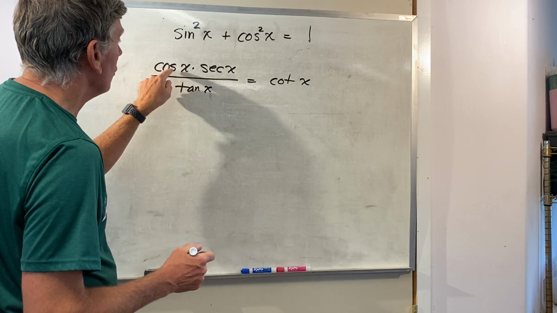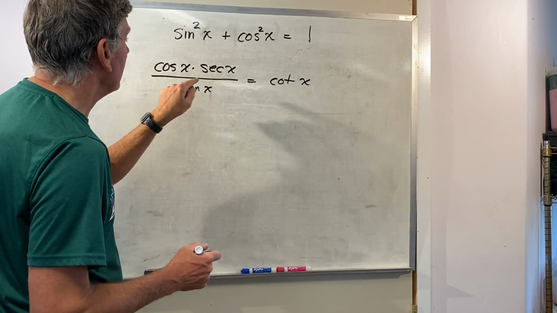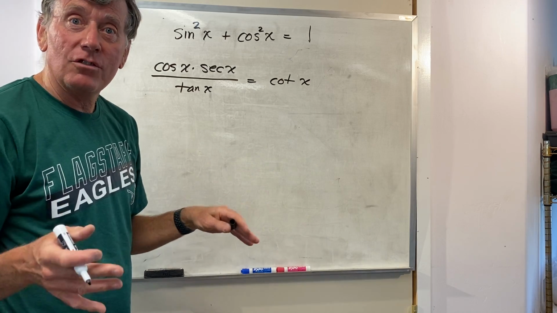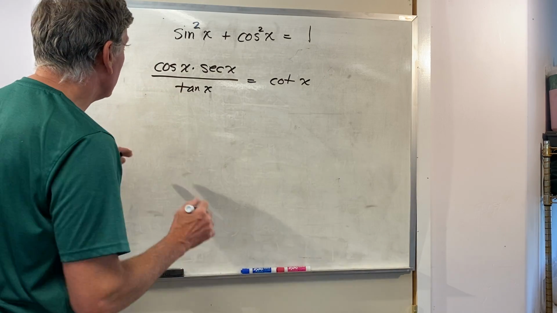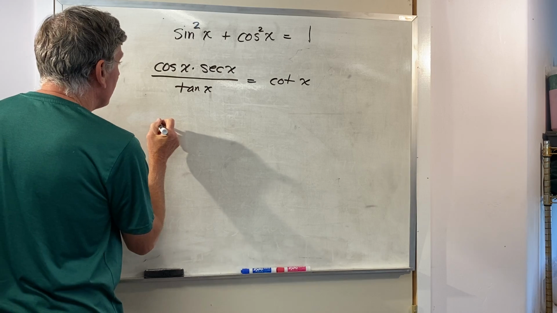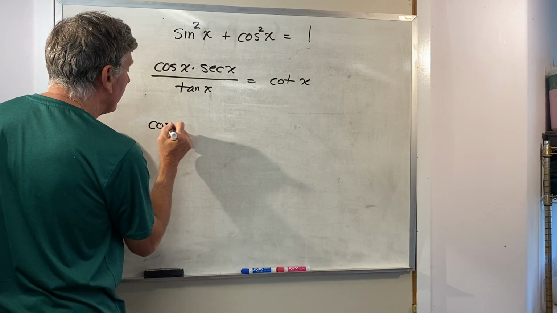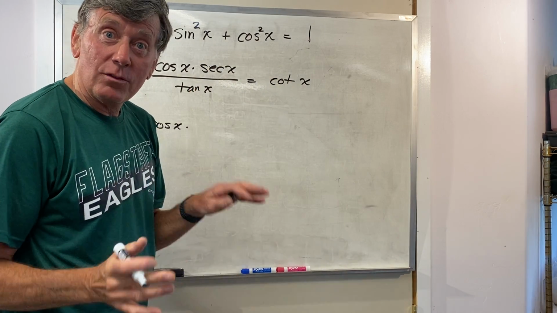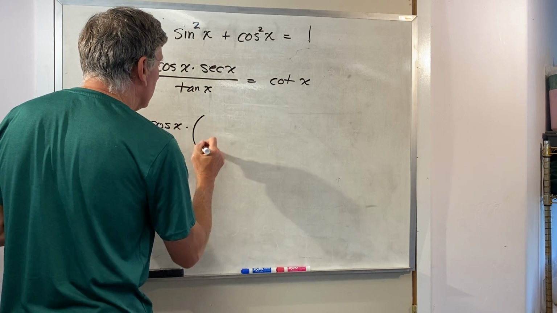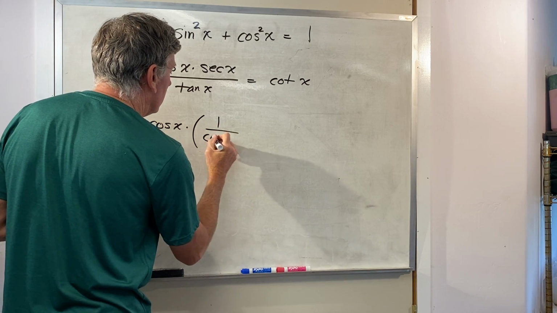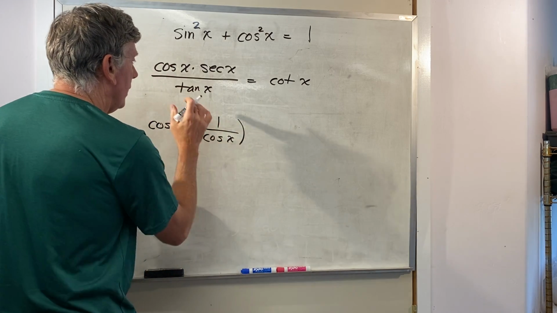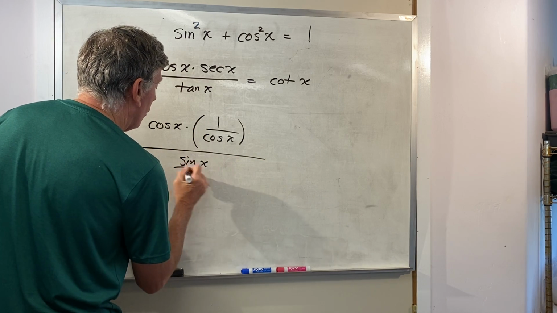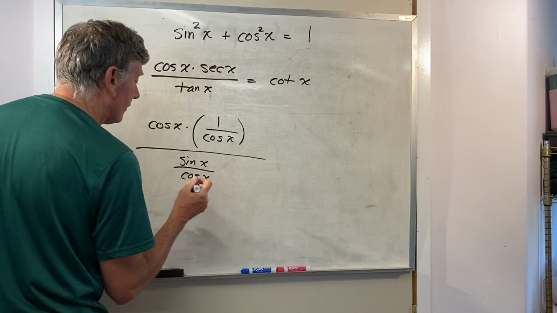So I'm going to do that. I'm going to reduce cosine and secant and tangent to sines and cosines. That's one of the tricks that you'll practice early. And I'm going to rewrite this as cosine of x, that's already there, times the secant, you recall, is 1 over the cosine, and the tangent is the sine of x over the cosine of x.